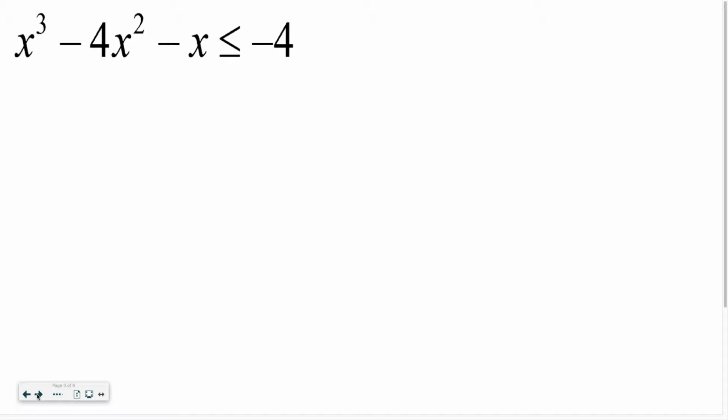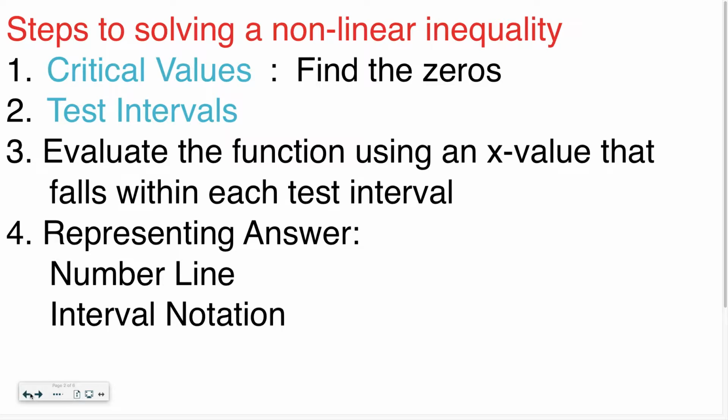So I don't want you to leave it like this. And maybe if you need to make a note to yourself to compare to 0 first, that might be a good idea.